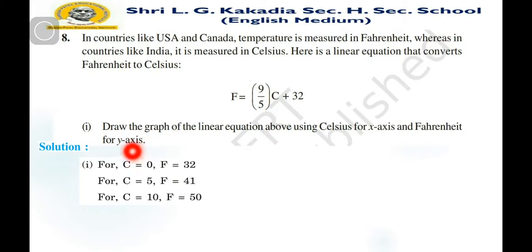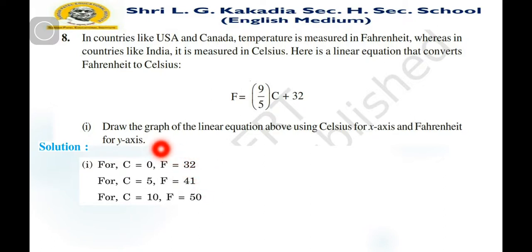So 0 degree Celsius is equal to 32 Fahrenheit. If you put C is equal to 5, then 5 will be cancelled, and 32 plus 9, that is 41. If you put C is equal to 10, then 5 twos are 10, 9 into 2 is 18, 18 plus 32, that is 50.